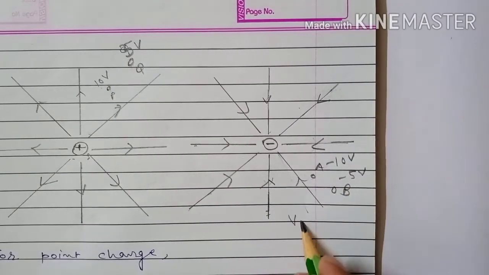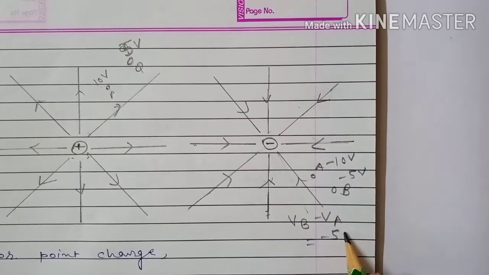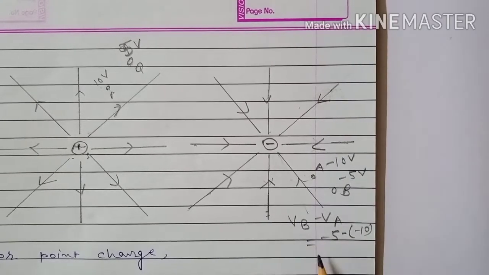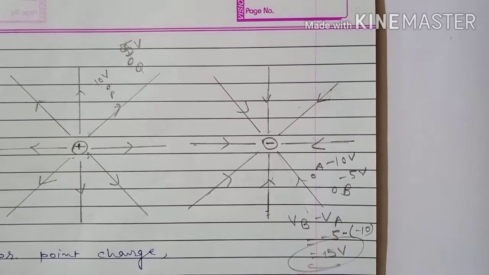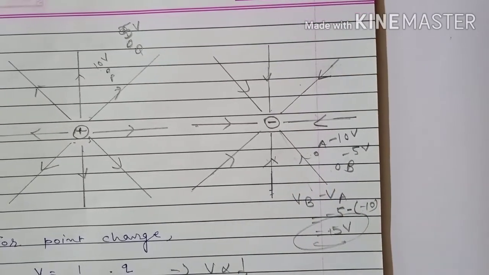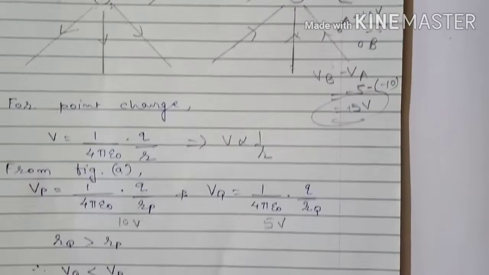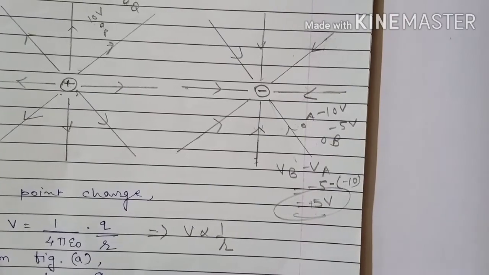So Vb minus Va is equal to minus 5 minus minus 10, minus minus plus, 10 minus 5, that is 5 volt, and this difference is positive. Therefore Vb minus Va is positive. Here Vp minus Vq is positive, and here Vb minus Va is positive.